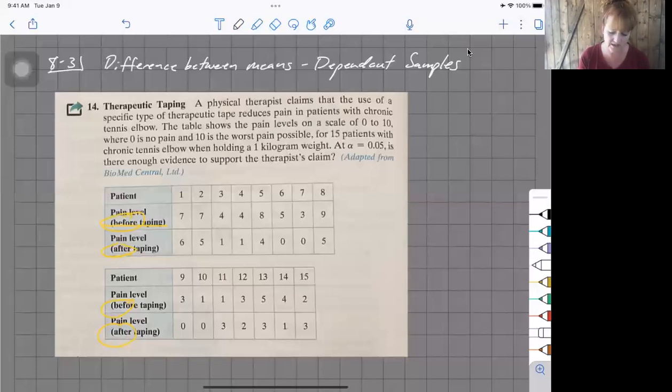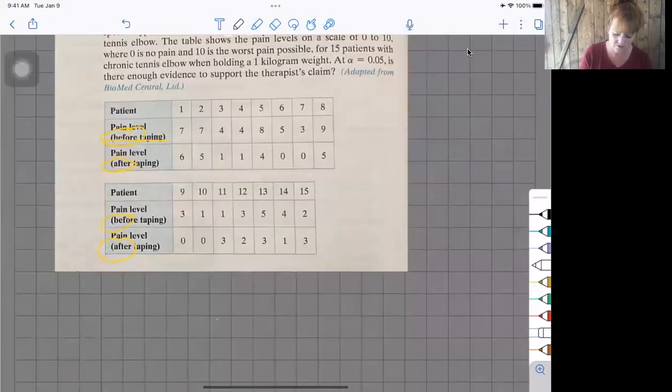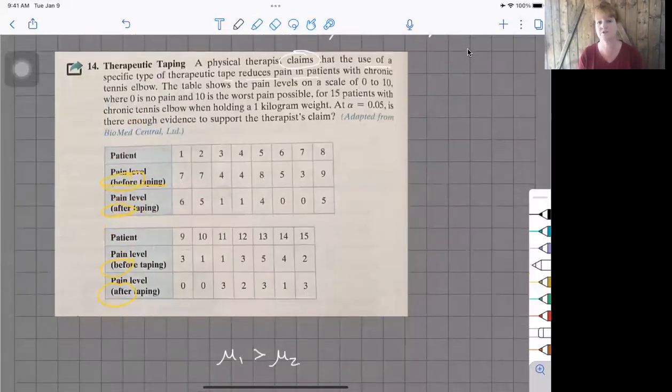All right, so the claim, first of all, is that the use of the specific type of therapy tape reduces pain. So that means that if I use it before, I will have more pain than if I use it after. Okay, so if it reduces pain, that means that before taping is going to be bigger than after taping. All right.